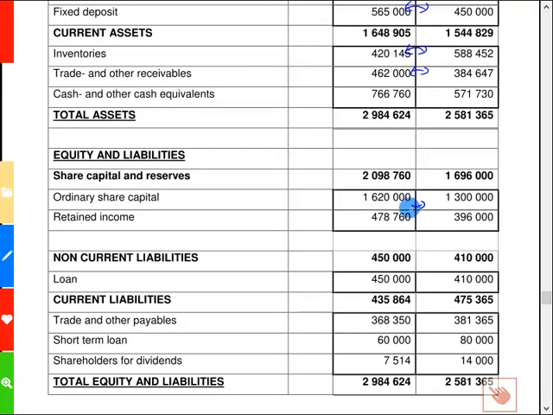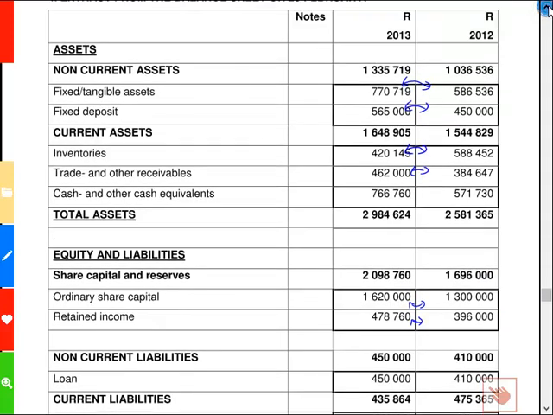As long as you take all the movements and remove any non-cash movements, you're going to get the movement on the cash and cash equivalents. In fact, just by taking the movements on these, because you're already taking into account the movement on accrued accounts, trade and other receivables and payables, you will already take out non-cash items naturally. But you don't need to know that. That's just for interest's sake.